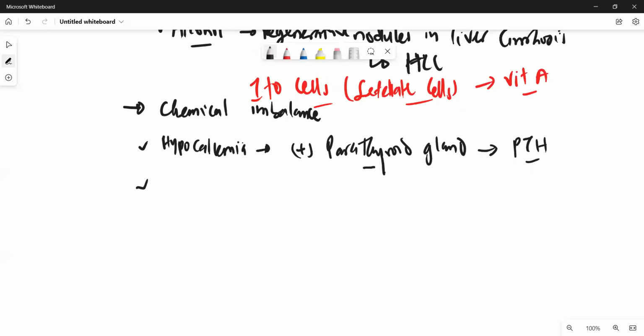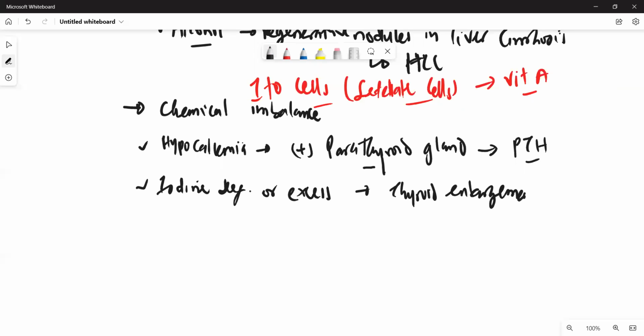Another example of chemical imbalance would be iodine deficiency or excess. So either of the two, either too much or too little. And of course, that can also lead to thyroid gland enlargement. So those patients can develop what we call goiter.